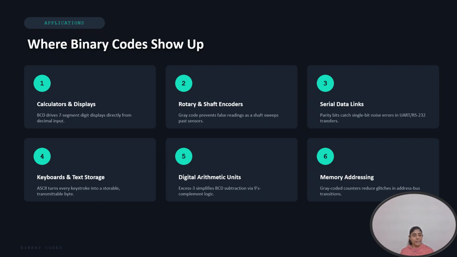Whatever you see on the keyboard gets converted to a 7-bit binary pattern in ASCII. Next, digital arithmetic units use XS3 because of BCD subtraction via 9's complement logic. Last one is memory addressing. So these are the places or applications where binary codes come into the picture.